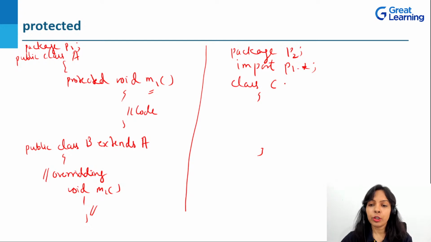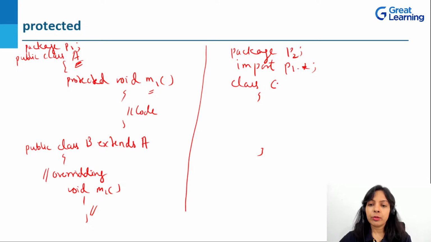Getting it? So what you have to do here is that you can access the protected method from inside the package as well as from outside the package. But to access it from outside the package, you have to use a child class reference to access that method. Meaning you can't use the parent class reference.